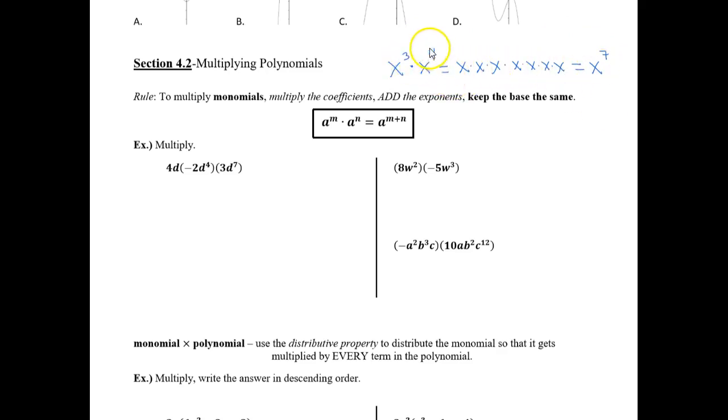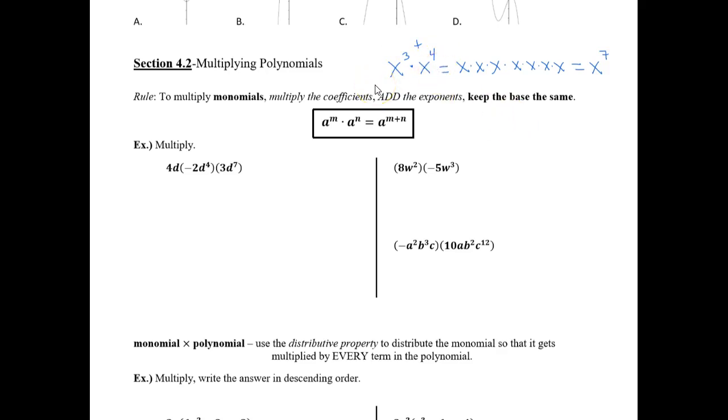We can notice a relationship in the exponents. All we have to do is add those exponents. So x cubed times x to the fourth, we just add the 3 plus 4 and we get 7, right? Because this is made up of only x's being multiplied by x's.